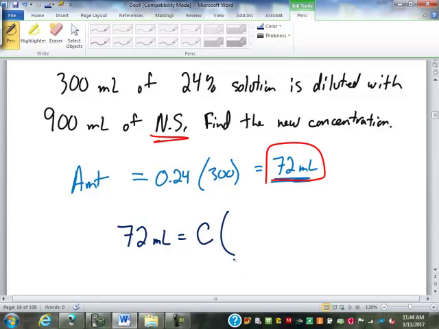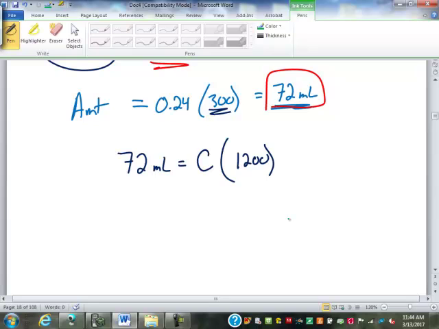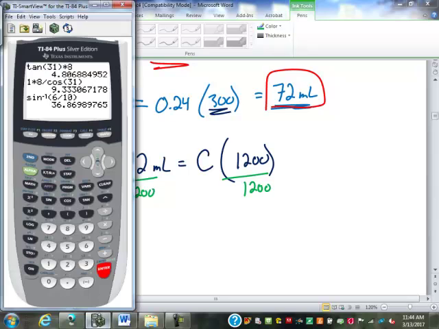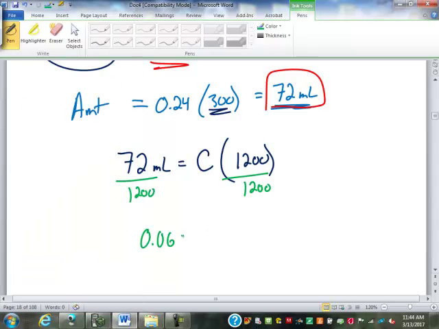I'm just going to call that C for now. Our new volume, we had 300 milliliters, and we're adding 900 milliliters to it. So 300 plus 900 is 1,200 milliliters. So our new concentration can be found by solving this equation, dividing by 1,200. Well, 72 divided by 1,200 is 0.06, our concentration. So we're now at a 6% solution.